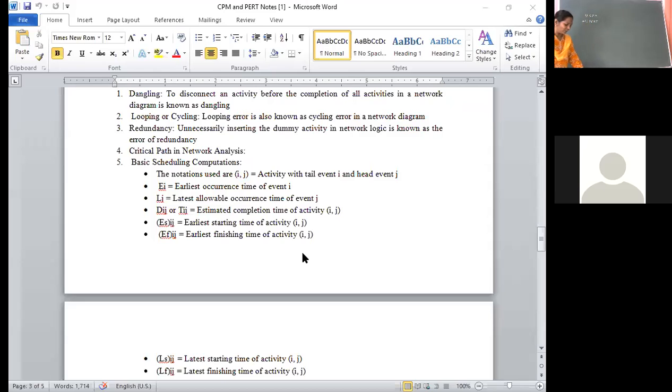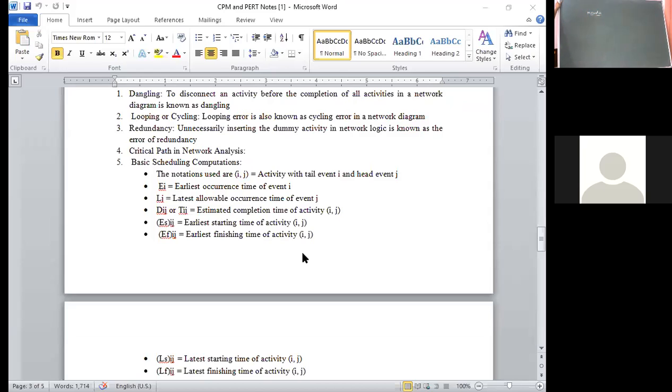It deals with uncertainty. Before going to CPM and PERT, we should know how to draw an arrow diagram. Concepts are required. First, what is a network? This is called a project management technique or network technique.